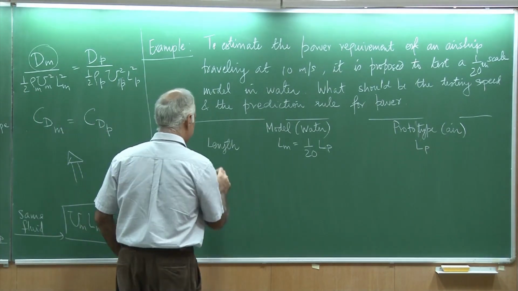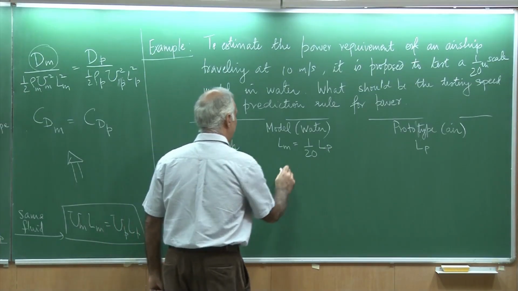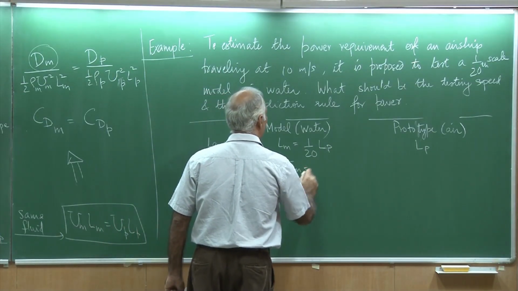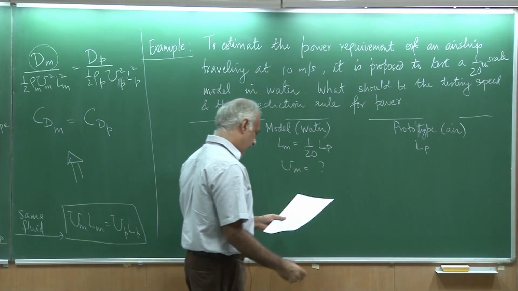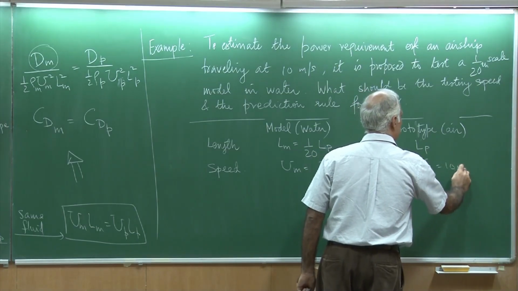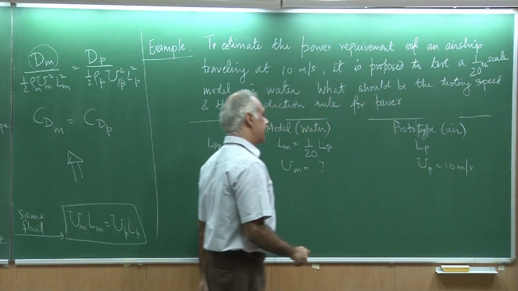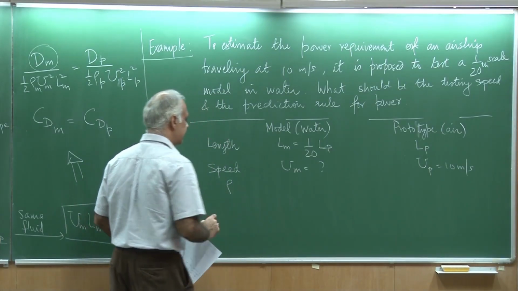The speed: I have the u of the model which I am supposed to find out, and the u for the prototype is 10 meter per second. Rho is the density.